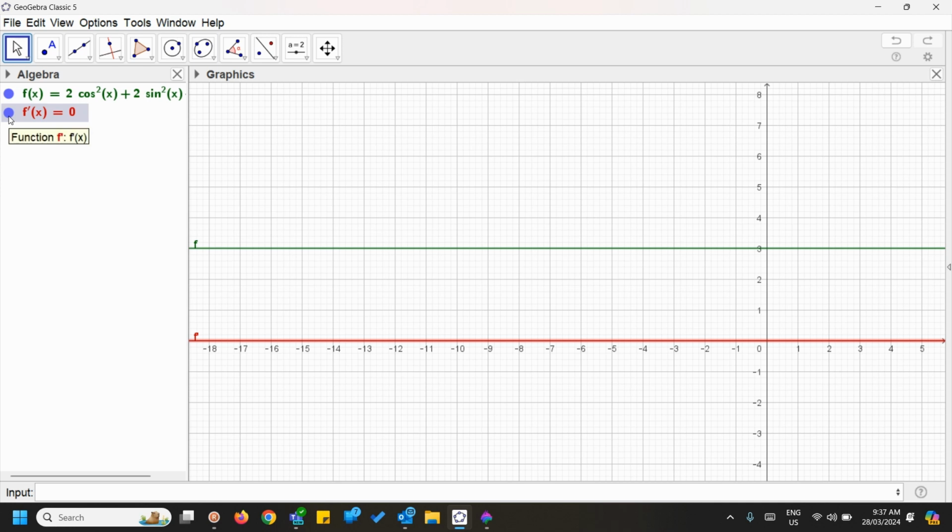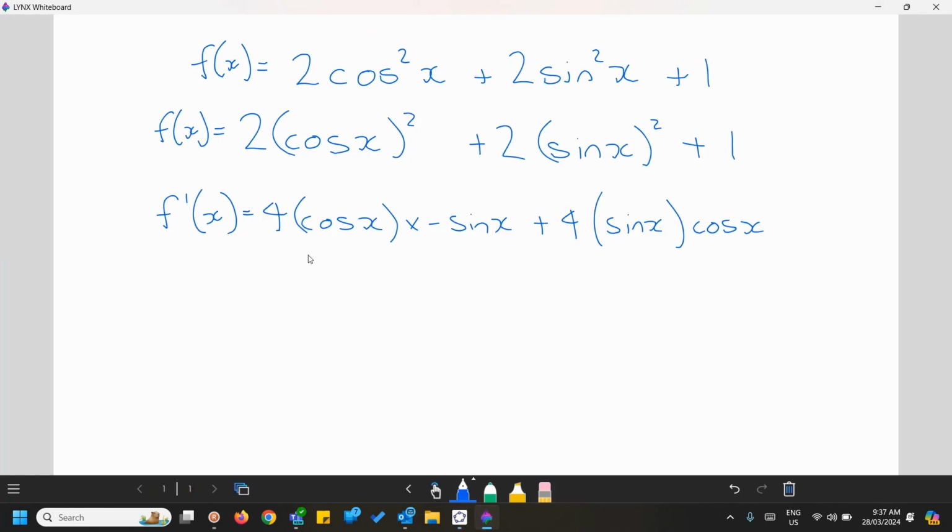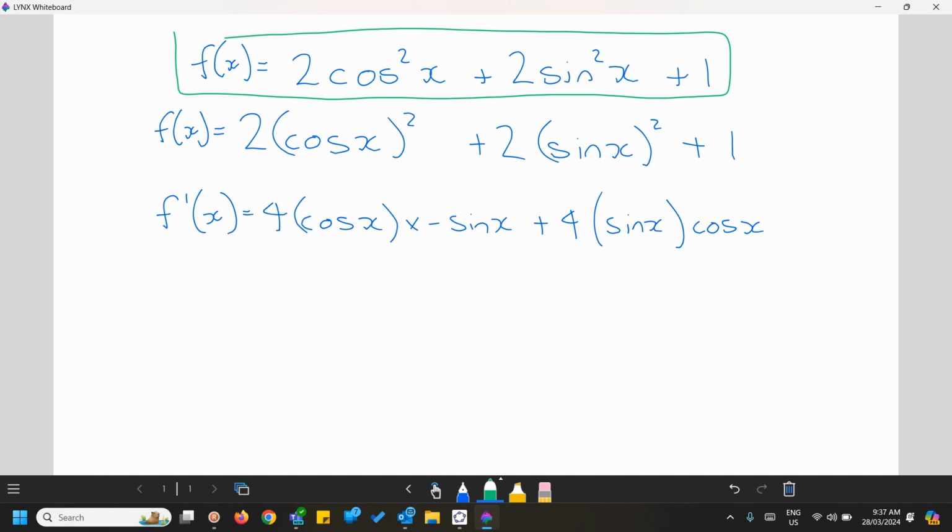So what's going on there? Let's go back and have a look. This f of x, up the top here, is just a really complicated way of saying f of x equals 3, which we'll have a look at in a second. But let's just show that the derivative is equal to 0.